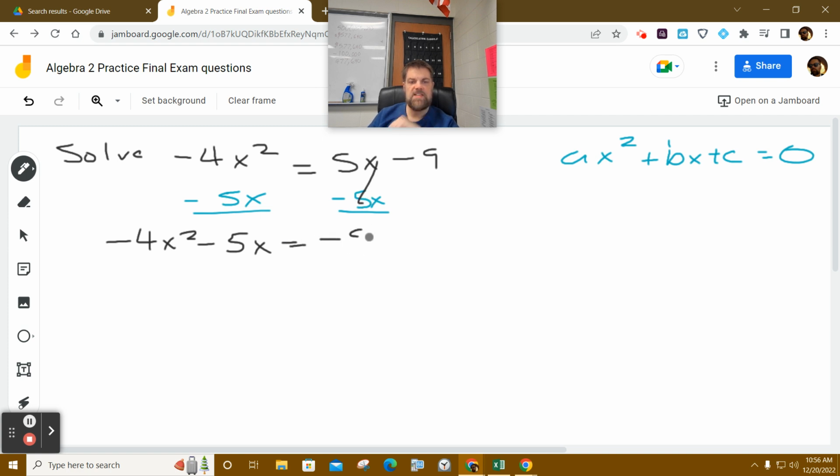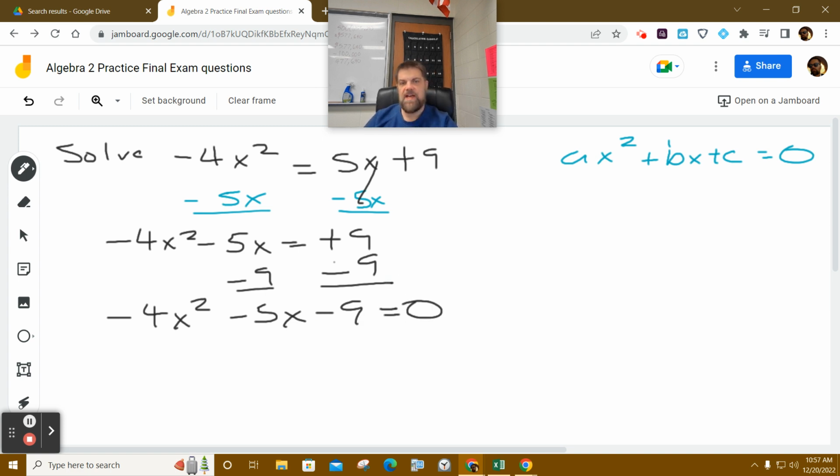Wait, did I write, oh, in the original problem, it's plus 9. So now I'm going to subtract 9. So I got negative 4x squared minus 5x minus 9 equals 0.